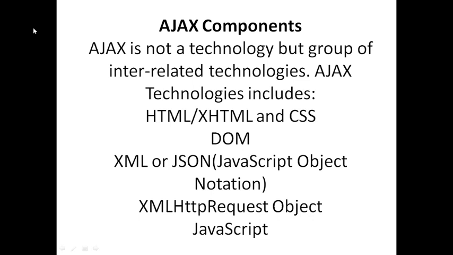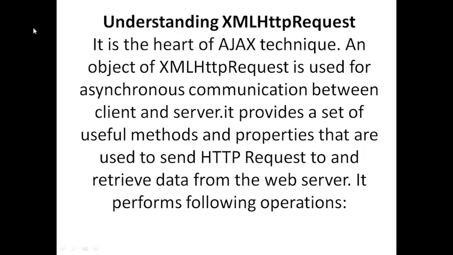Then DOM, the document object model, XML or JSON, JavaScript object notation, and the last one, the XMLHttpRequest object along with our JavaScript. The XMLHttpRequest technique is the heart of our AJAX. That is a very important, mandatory one.